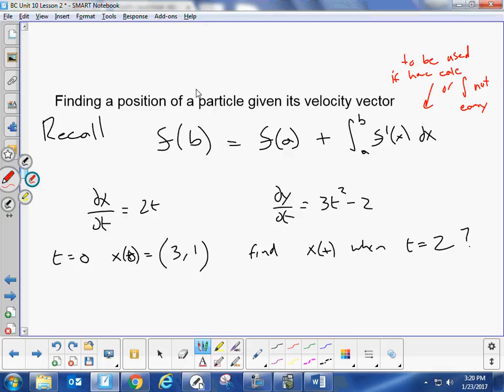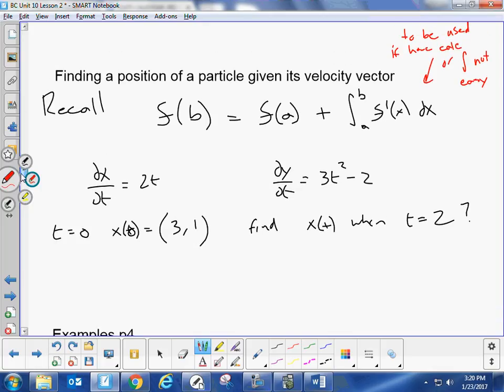Why? Because I can express my x position as the antiderivative of this plus some c value. And then I could find the c value using my initial condition. I could do the same thing for the other one. So there's going to be two ways to tackle these problems. Let me walk you through the first way, using antiderivatives.